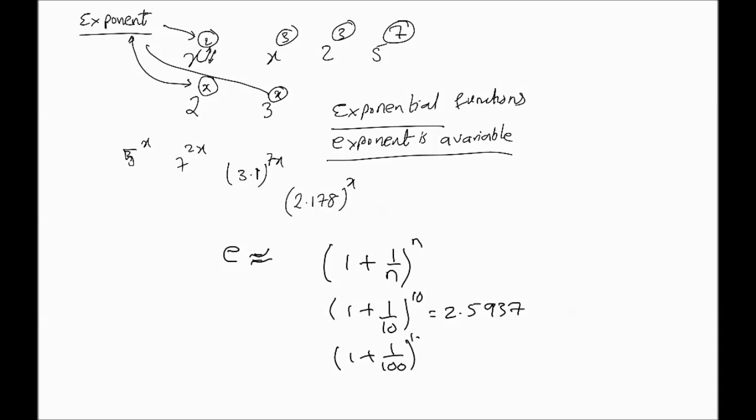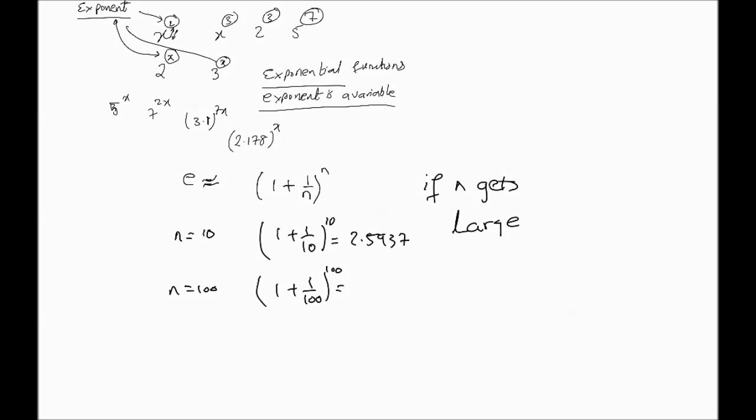What happens if n gets large? Here's an example: we used n equals 10. Let's use n equals 100, and of course there are dots here because these are irrational numbers. It gives us 2.7048.